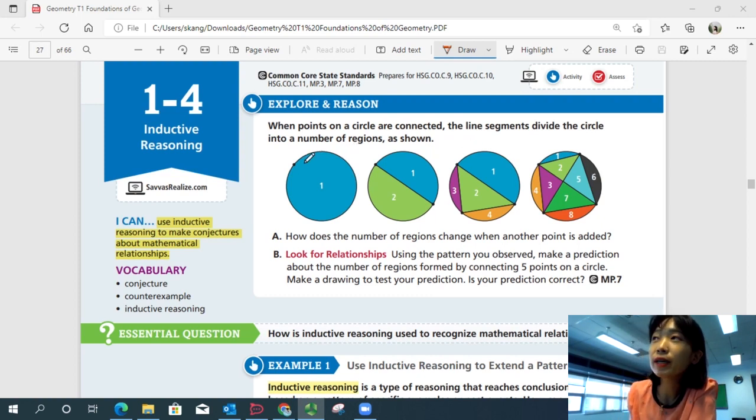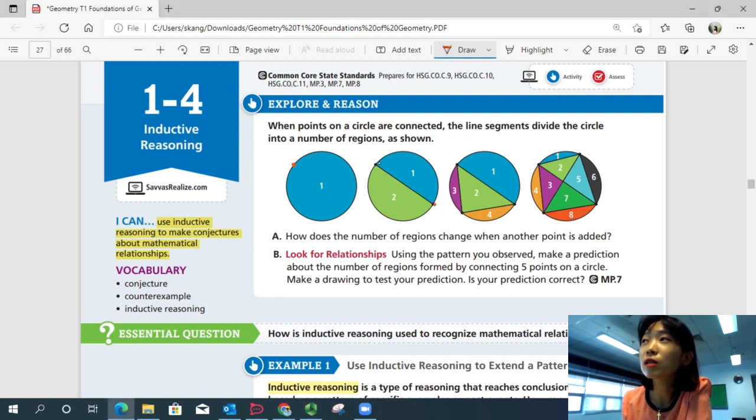If you look at the points, we have 1 versus 2 versus 3 versus 4, right? Each point is added, but sections are not being added by 1. So what are the patterns that we see here?